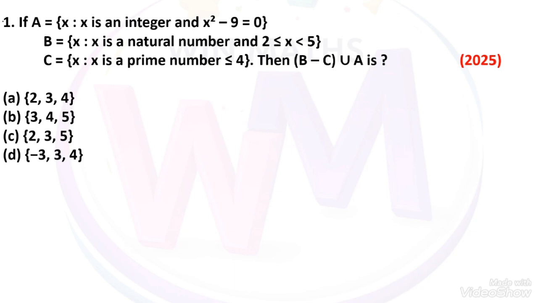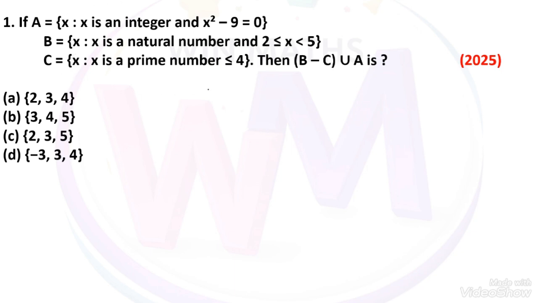If A is the set of x such that x is an integer and x square minus 9 is equal to 0, B is the set of x, where x is a natural number and 2 is less than x less than 5, then C is the set of x where x is a prime number less than 4.